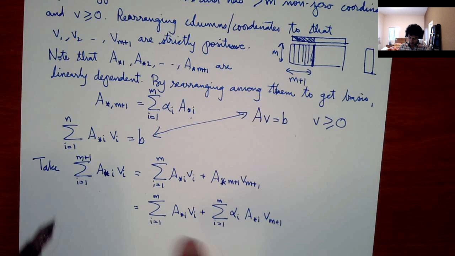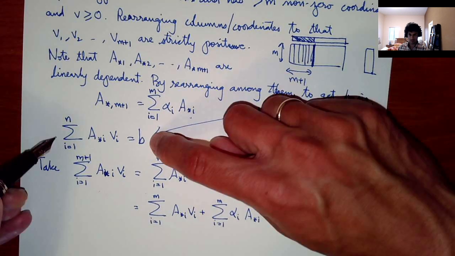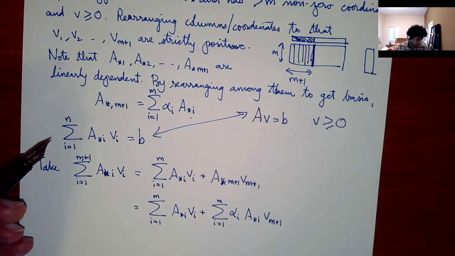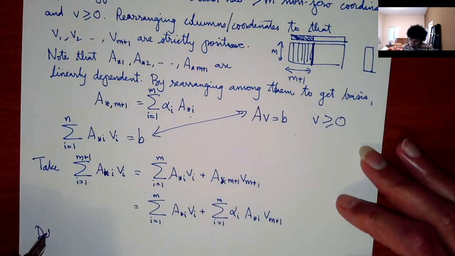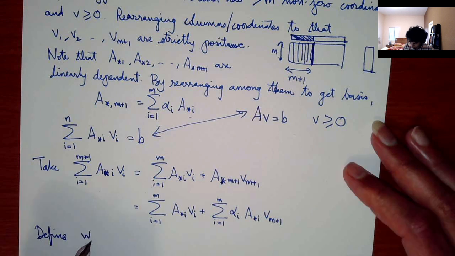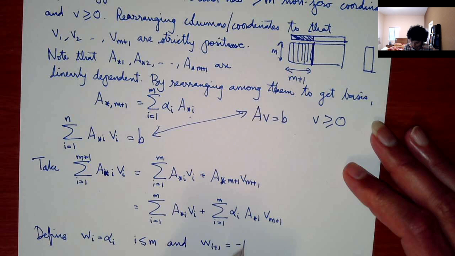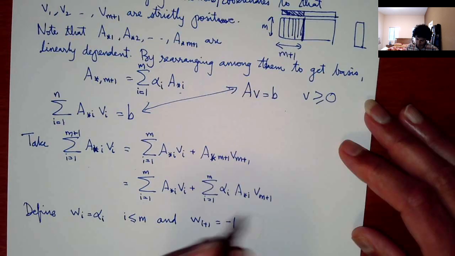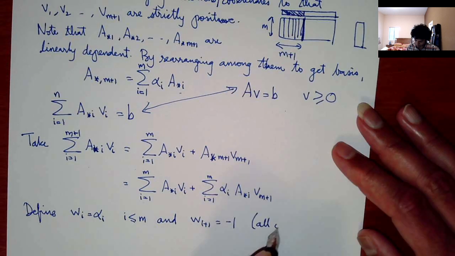And if the sum doesn't change, then this constraint does not change, and therefore it remains feasible. So let me define Wi to be alpha i for i less than or equal to m, and W m plus 1 to be minus 1. And everything else is 0. All other coordinates are 0.